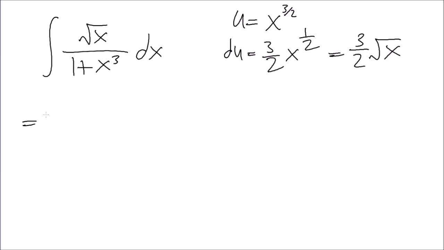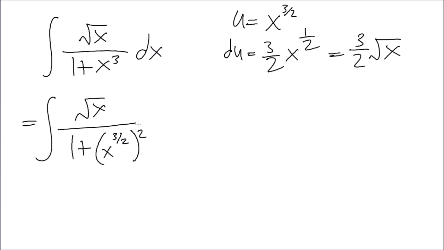Alright, cool. But x to the power of 3/2, where is that at? It's actually hidden like this: x to the 3/2 squared. Very sneaky, very hard to see. So we could go ahead and let u equal x to the power of 3/2, and then we get 2/3, because we have to reciprocate for the du.